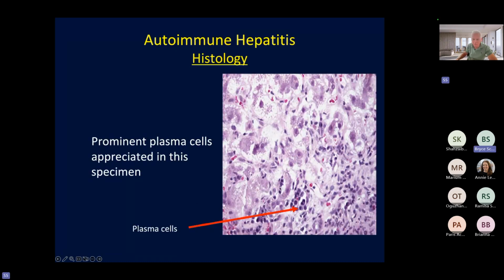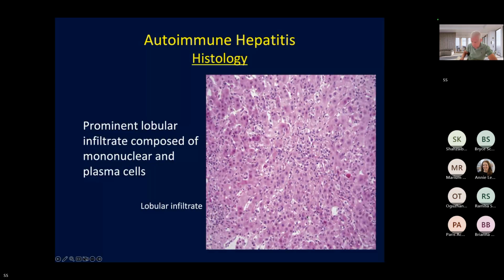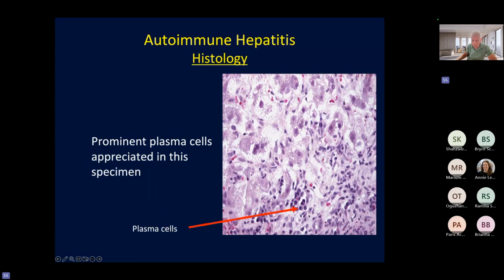And here is our friend, the plasma cell. You should recognize plasma cells. They are diagnostic in patients with AIH. Here's a whole group of them. Notice that they have this pinkish purple cytoplasm, fairly light, with a very dark, large nucleus, always pushed to one side.